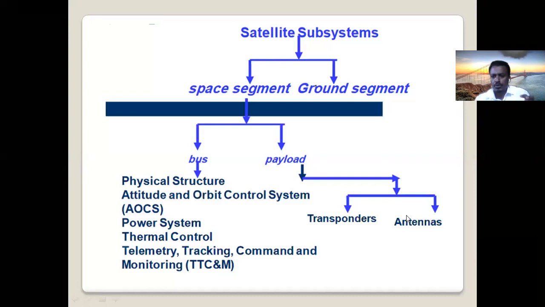So when you say component, it's not the same for all services. It's not the same for all orbits, but generally we have said these components are categorized into two subsystems.